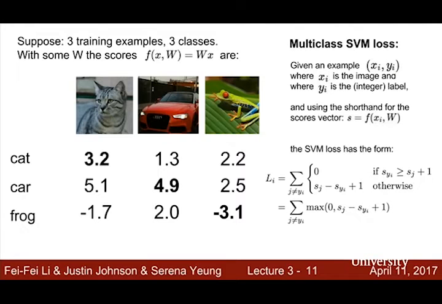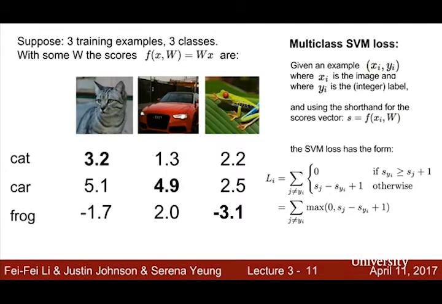So this loss function has a funny functional form, so we'll walk through it in quite a bit of detail over the next couple of slides. What this is saying is that the loss Li for any individual example, the way we'll compute it is we're going to perform a sum over all of the categories except for the true category yi. So we're going to sum over all the incorrect categories, and then we're going to compare the score of the correct category and the score of the incorrect category.